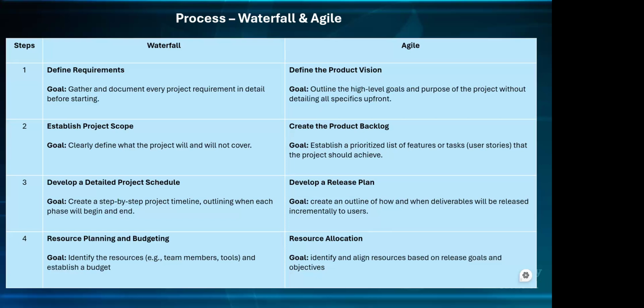For an example, still using the online bookstore website, you're thinking, okay, for sprint 1 we just want to gather requirements. Sprint 2, we want to develop the register and login functionality.